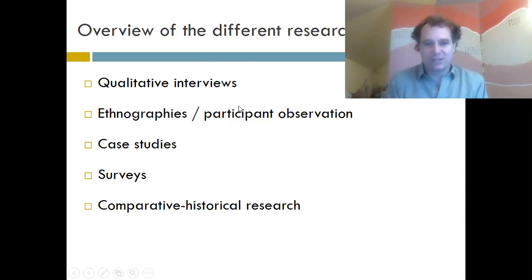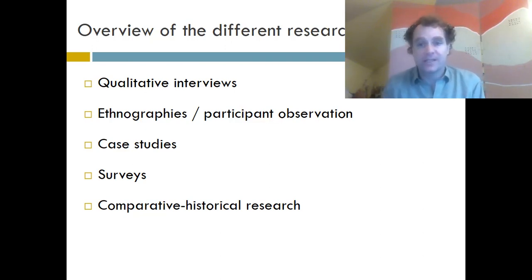Comparative historical research. So again, this is one of the things that I do and I'm interested in. Here, the idea is that you're comparing. The world offers many different examples of different societies, many different social groups: Japanese society, American society, Australian society, British society.